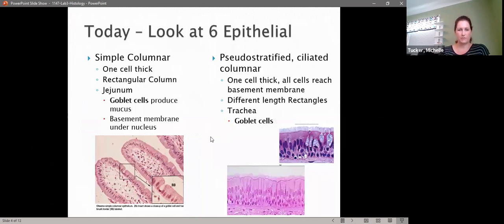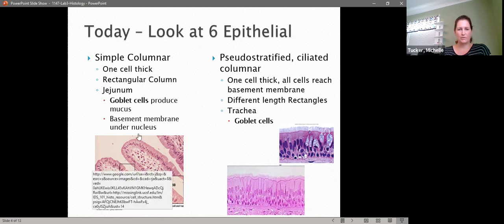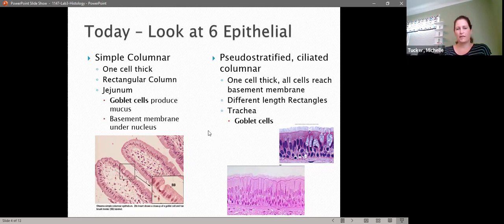For simple columnar, you would be given a slide specimen that looks very similar to this one. You can see these are arranged in something called a villus structure. They look like fingers. Digestive juices get trapped between the fingers so that they are there for the nutrients to be absorbed.